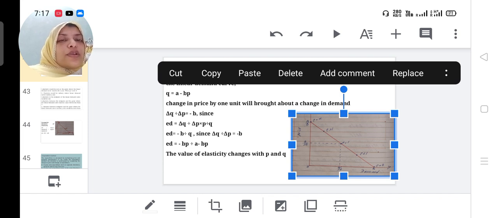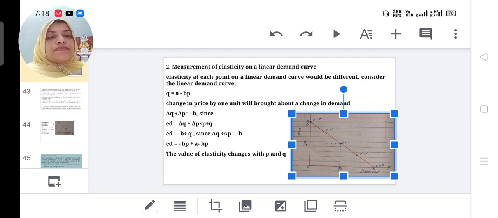There is a point where E is greater than 1, between 1 and infinity, that is highly elastic. Then last, on the x-axis E is equal to 0, that is perfectly inelastic. There is a point between 1 and 0, that is less than 1, that is less elastic demand.